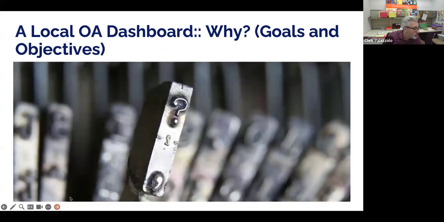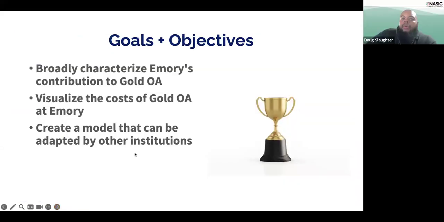Moving ahead, to the genesis and the why we're trying to create this, the goals and the objectives, I'm going to let Doug talk a little bit about what led us to this project and what we're trying to accomplish with it. Sure. What was the impetus behind developing a dashboard around Gold Open Access? It really stemmed from wanting to be able to tell a story.